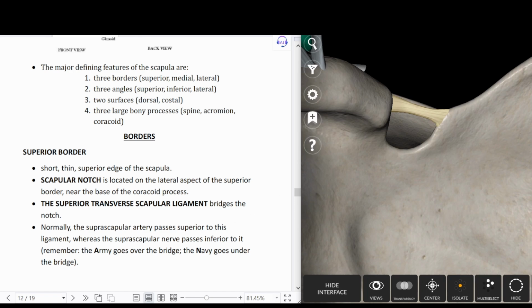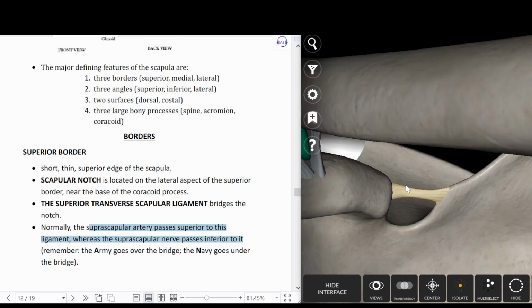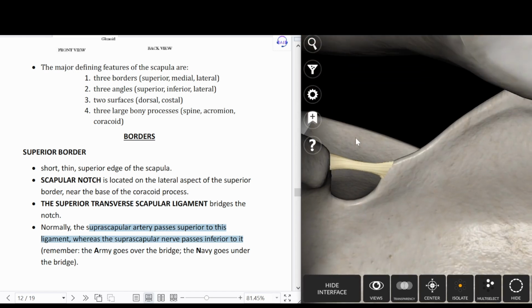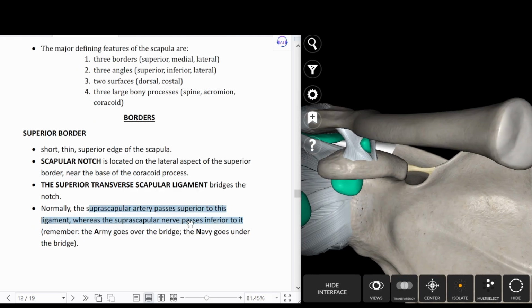The suprascapular artery passes superior to this ligament while the suprascapular nerve passes inferior to this. Now remember there is an easy mnemonic for it, that usually the army goes over the bridge while the navy goes under the bridge. So the army or artery goes over this bridge while the nerve will pass under it. Let's move on.